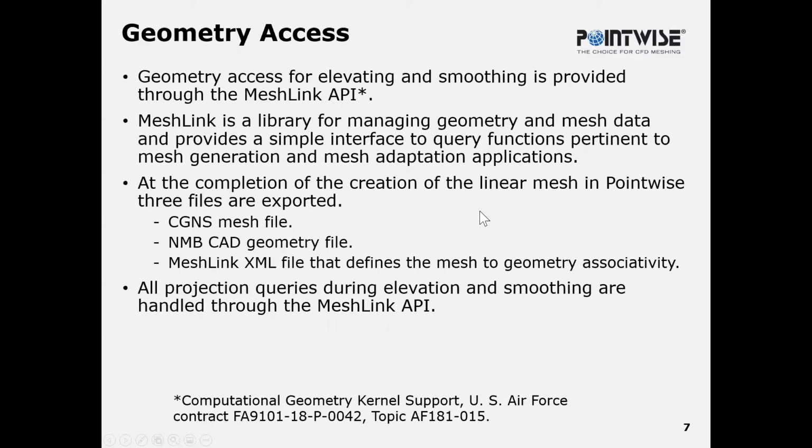An important thing with elevating the elements and the surface mesh is that it does need full access to the underlying geometry. And the geometry access for the elevation and smoothing is provided through a MeshLink API. MeshLink is just a library that manages the geometry and the mesh data, and provides a simple interface to query functions in relation to mesh generation and also mesh adaptation applications.